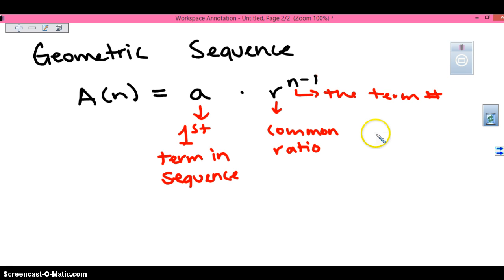So here we go. A of n is equal to a times r to the n minus 1 power, where a is the first term in the sequence, r is the common ratio, and n is the term number.